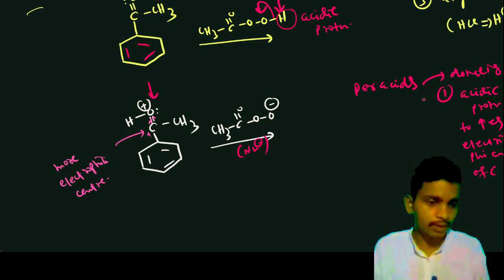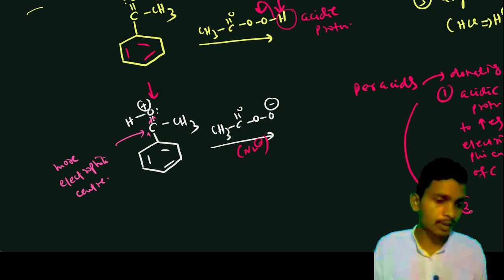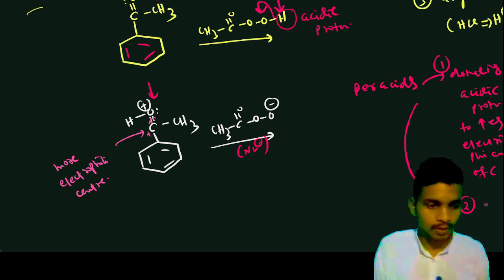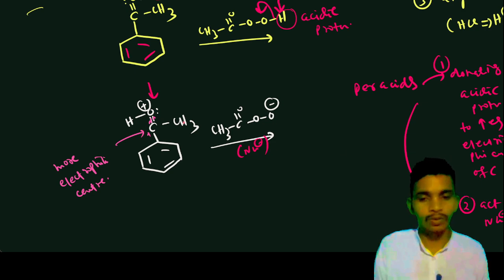This is one work it is doing. Another work it is doing is that it acts as a nucleophile. So both works are done by the peroxide. First it acts as a donor of acidic protons, and then it acts as a nucleophile.